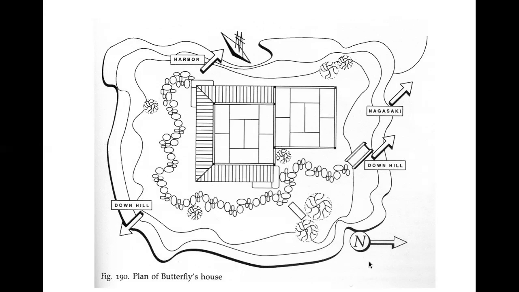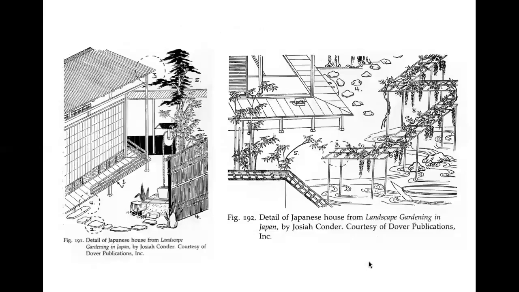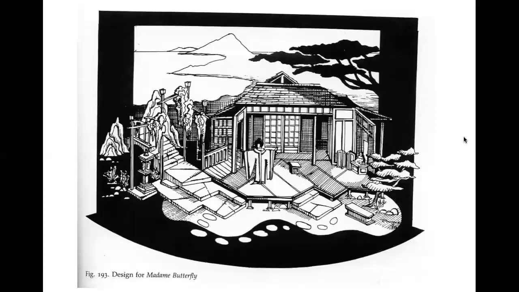So he's seeing how all this works. And then he goes back into the research further, and he notes some more of these details that he can bring into it. Again, the roof, the porch here, and a bit of trellis, and these various landscaping features.